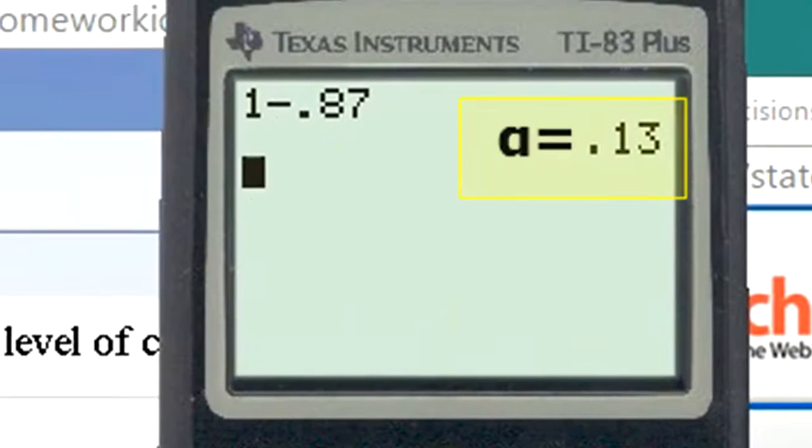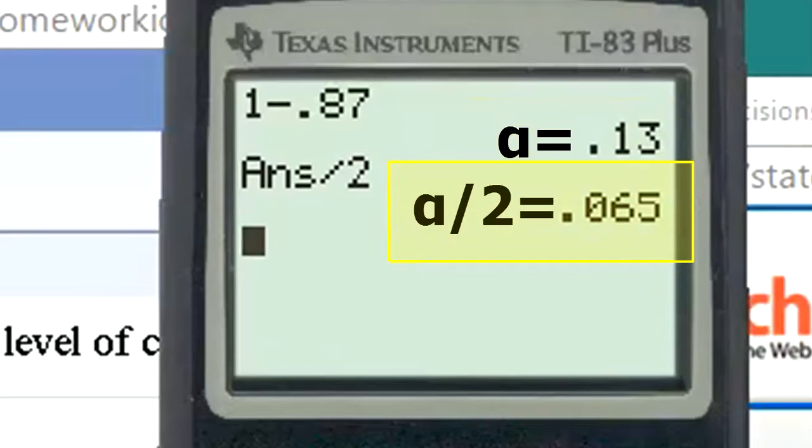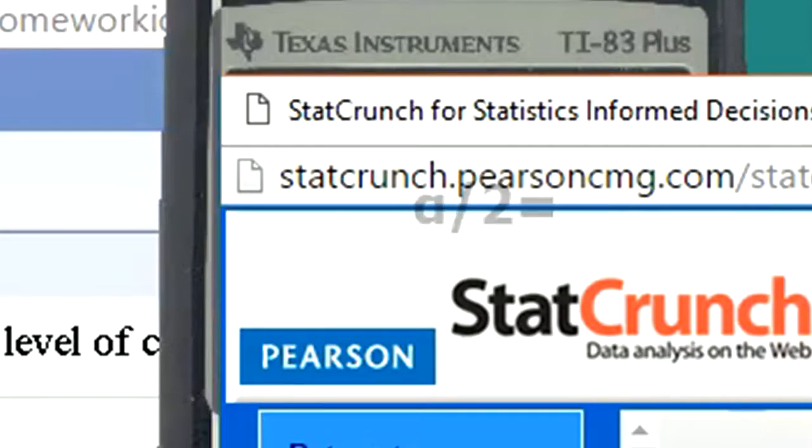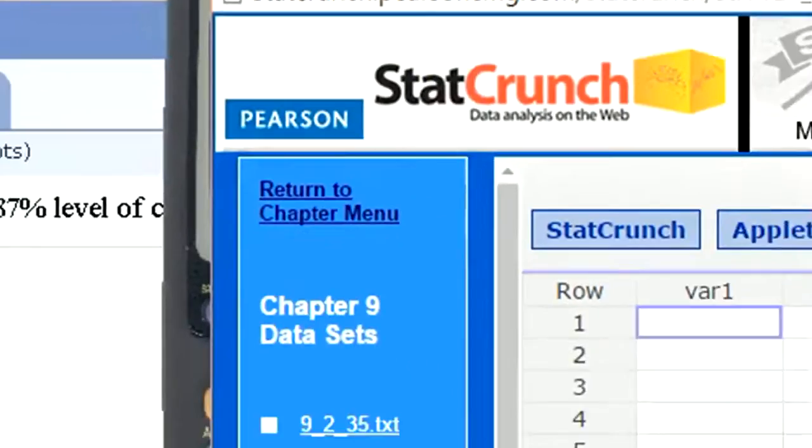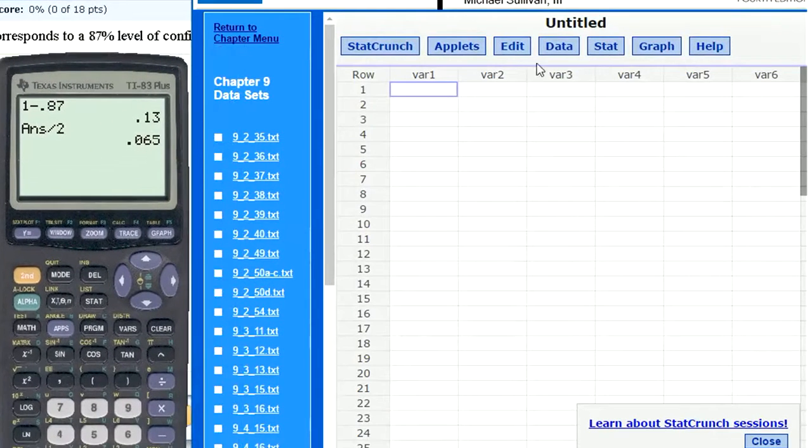Alpha over 2 is 0.13 divided by 2, that's 0.065. So we're looking at a critical value from a normal probability distribution which is going to leave 0.065 probability in each of the two tails.